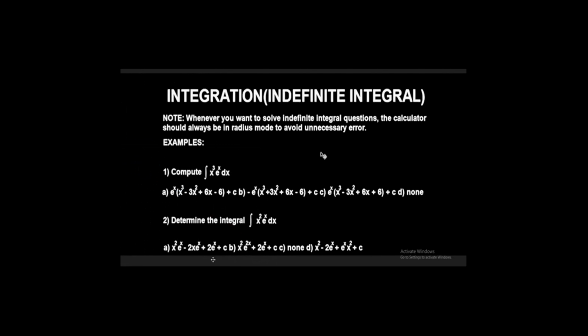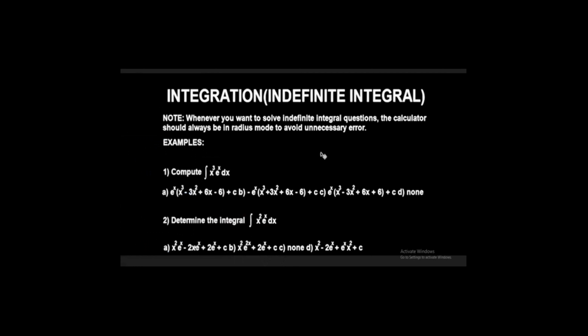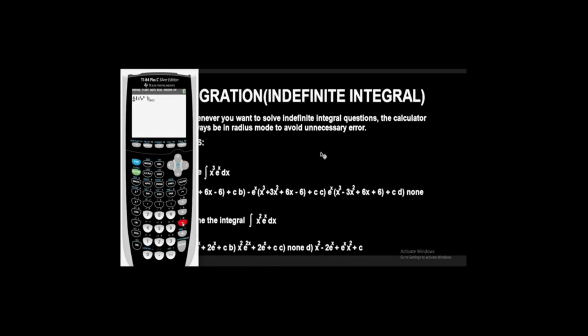We are finding the derivative of option A, so we have x squared exponential to the power of x. Come down. Then what else we have there? We have minus 2x exponential to the power of x.